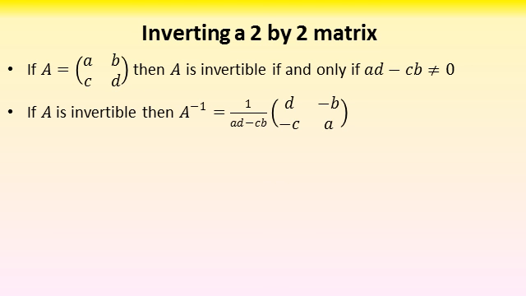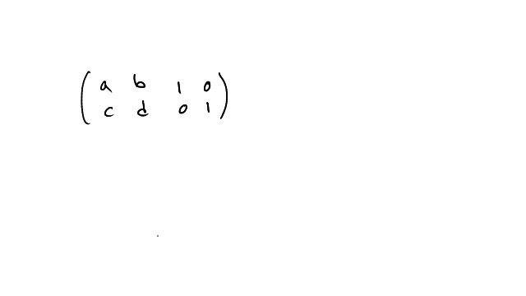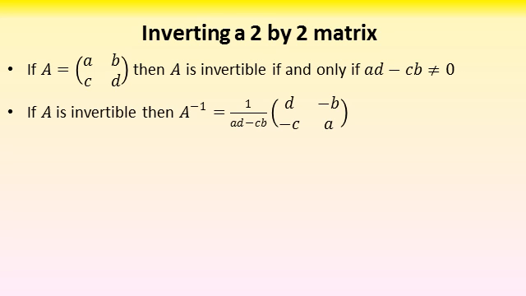A formula which is worth memorizing. Unfortunately, no such simple formula exists for the 3 by 3 case. All you have to do to prove this result is to do the Gauss-Jordan elimination on this matrix, and you will discover that the reduced row echelon form will be the identity matrix if and only if ad minus cb is different from 0, and if ad minus cb is 0, the reduced row echelon form of A will not be the identity matrix and A will not be invertible.